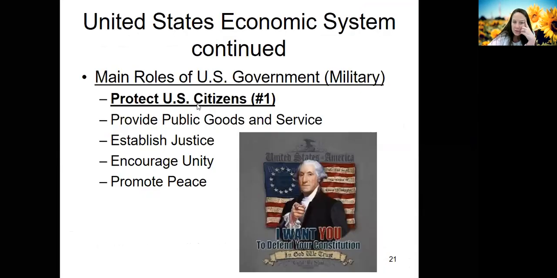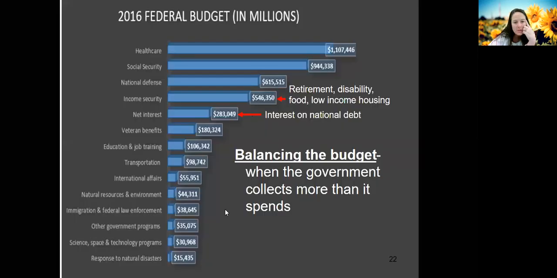And just a refresher, just remember that the main role of the U.S. government is to protect citizens. This is just a look so you guys can see what the government is spending our money on. You guys can see the biggest section of this budget goes to healthcare. And then Social Security.